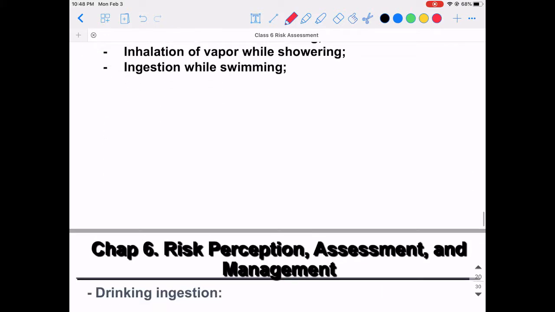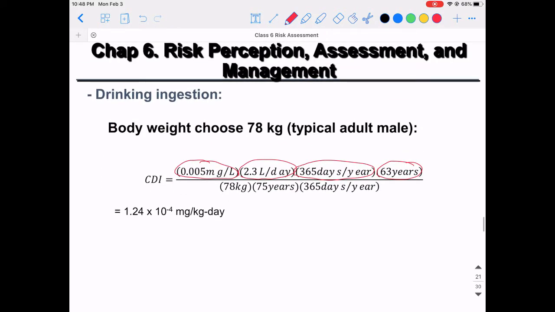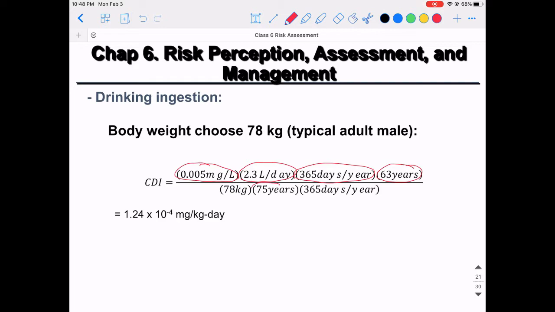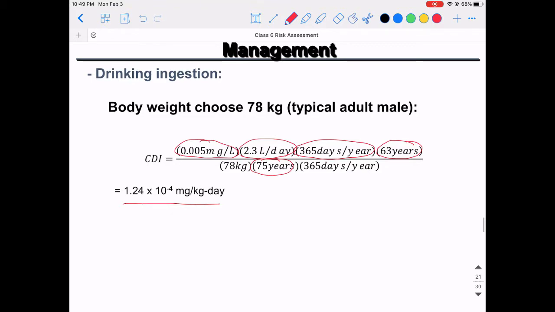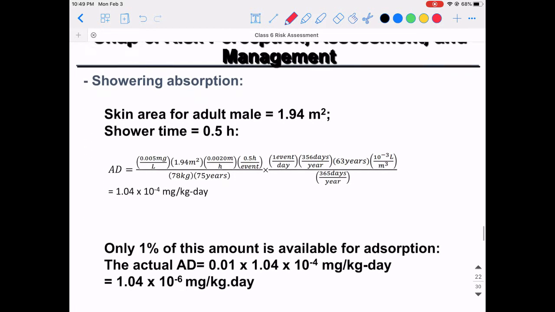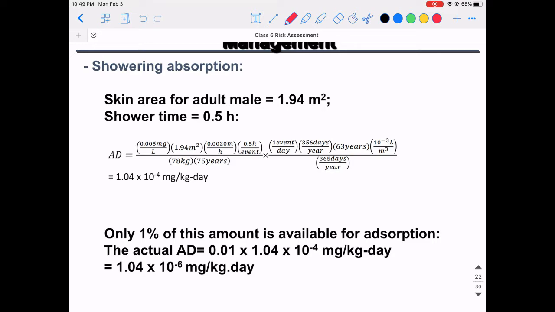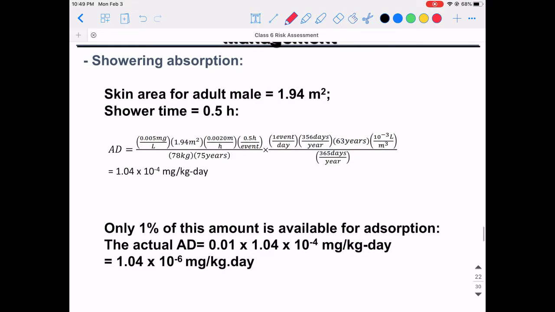To calculate the lifetime or chronic daily intake, we need to consider the lifespan of the human being too, because the lifespan is 75 years. Then we can calculate the CDI from the drinking ingestion, and that turns out to be 1.24 times 10 to the minus 4 milligram per kilogram of body weight per day.